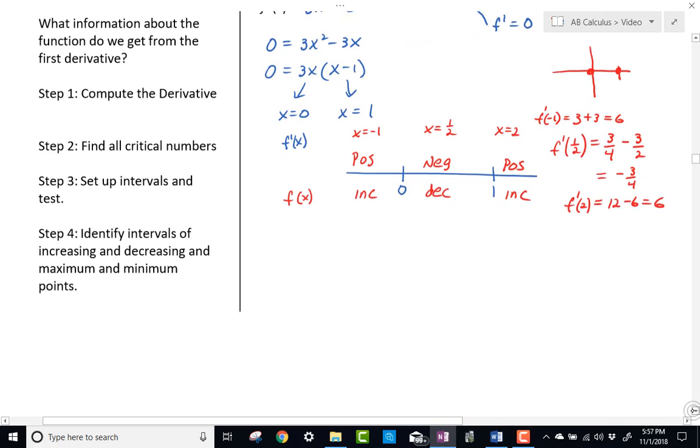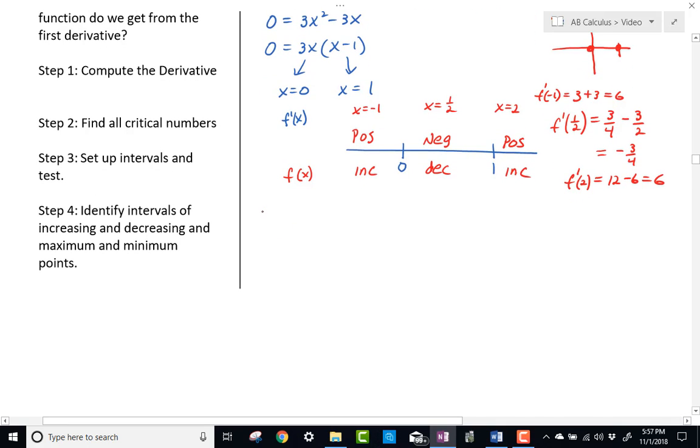Okay? It tells us that f of x is increasing on the intervals from -∞ to 0 and from 1 to infinity, because f prime of x is positive.